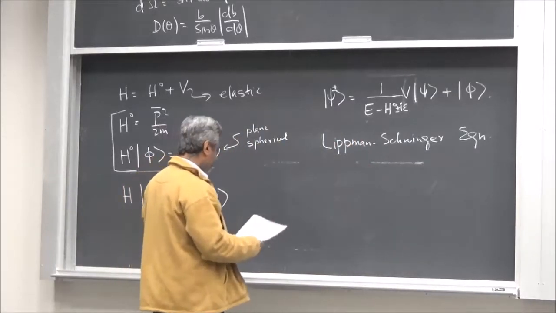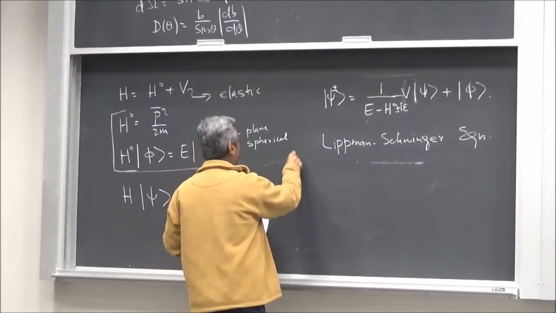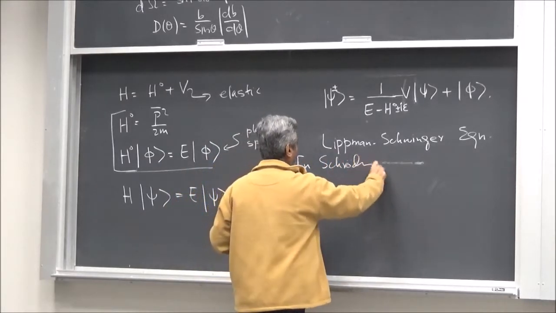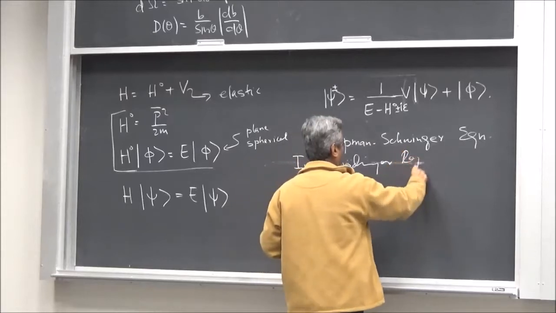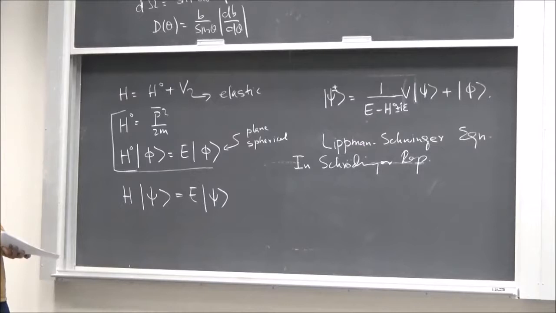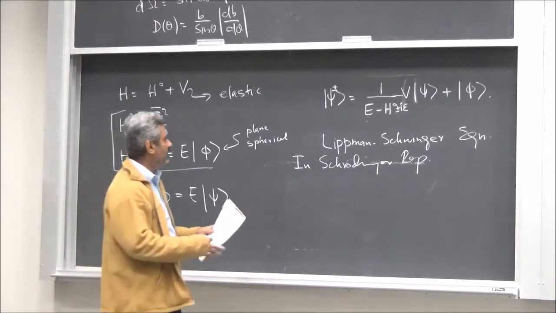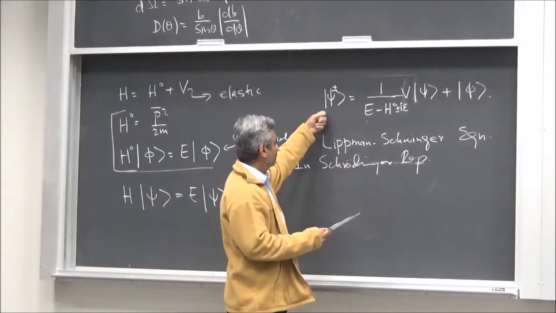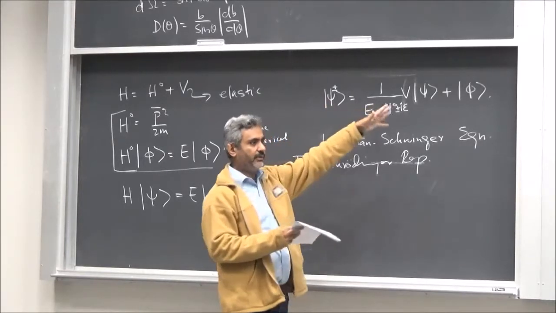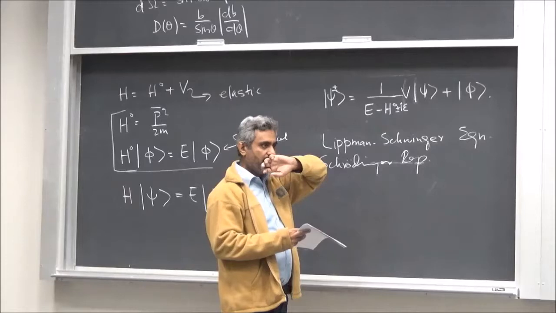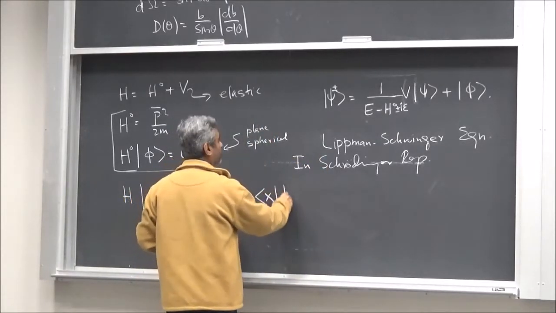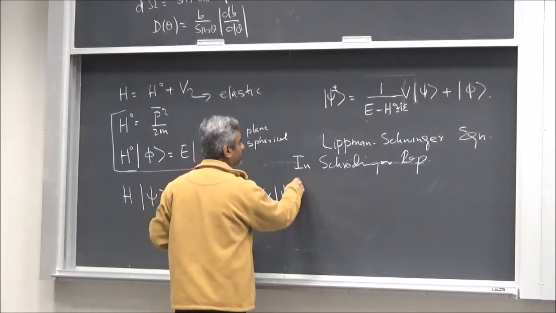Anyway, so how would you write this equation in Schrodinger representation? So in Schrodinger representation, how would we convert this equation into, let's say, how would we write a psi of x and so on? बिल्कुल ठीक है. So let's say x, psi of plus minus, right?